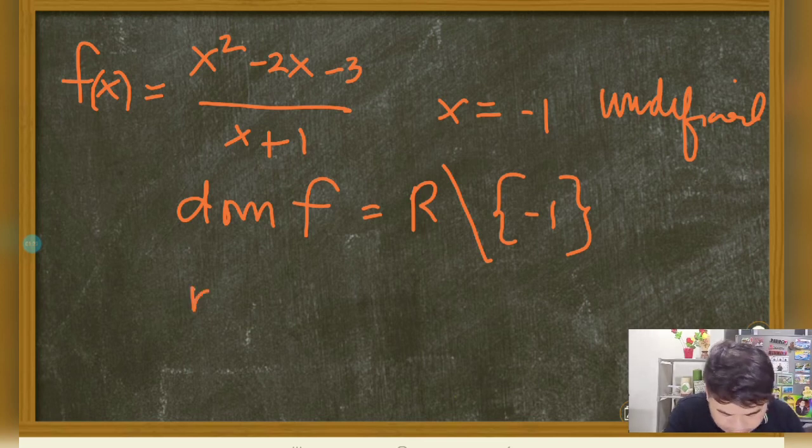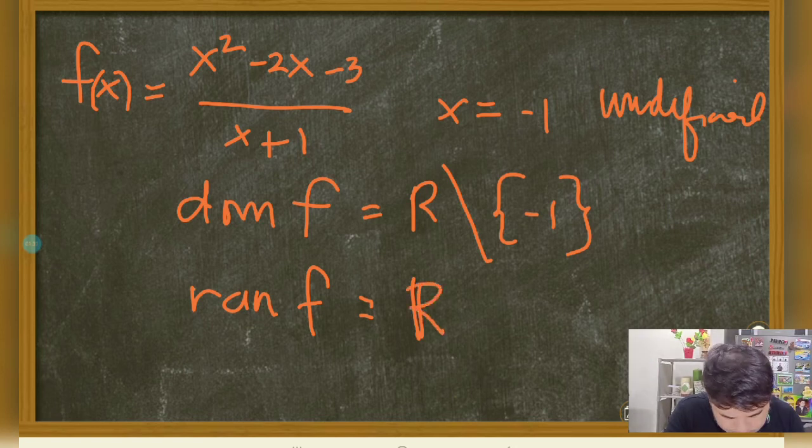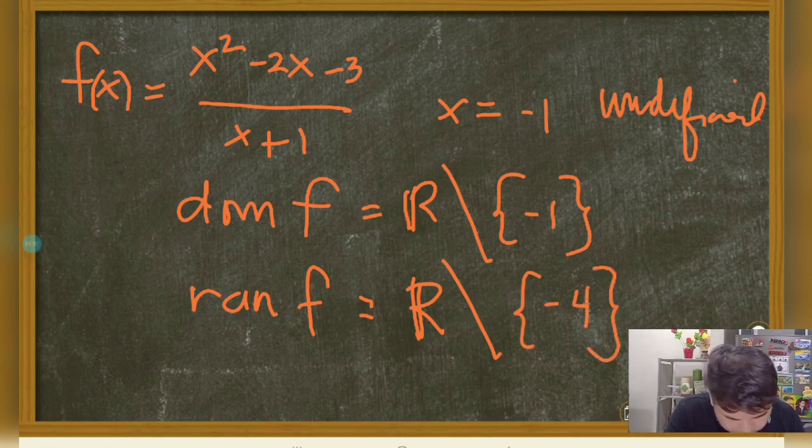Then what about the range? The range of the function, if we evaluate that, is all real numbers except for negative 4. How did you get negative 4? Since the expression (x squared minus 2x minus 3) over (x plus 1) never attains the value of negative 4. Again, it never attains the value of negative 4 for any value of x.